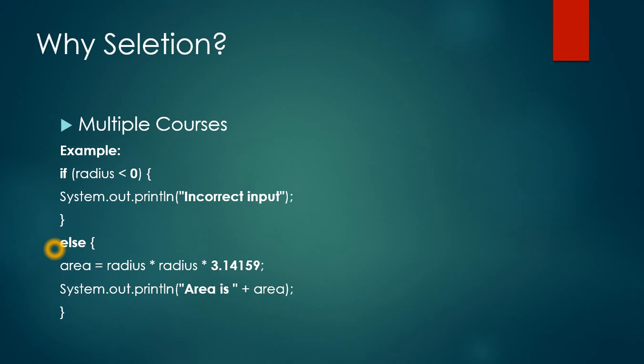System output is going to print your area is whatever your number, calculated in, and that equals the area. And on the console, it's going to print out either incorrect input or whatever your area is, as calculated through the input you put in.